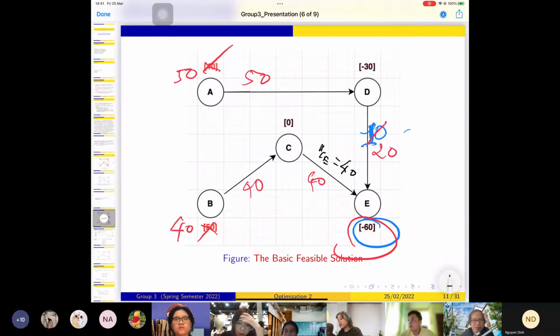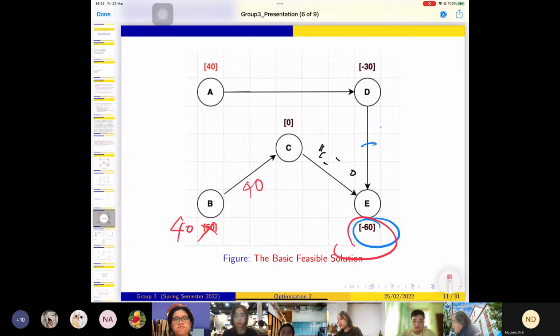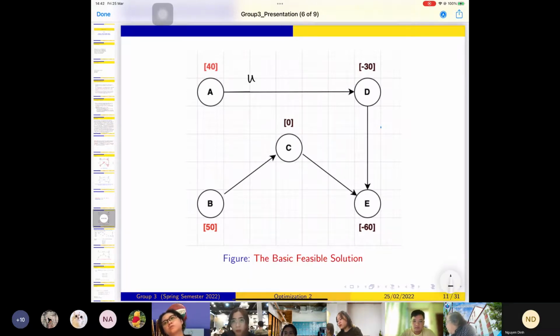No, at the beginning, what is it? At the beginning, no. At the beginning is 40. Suppose no, let me show you. At the beginning, look, I delete all this, and I tell you, we chose this, and at the beginning suppose that you have this UAD.